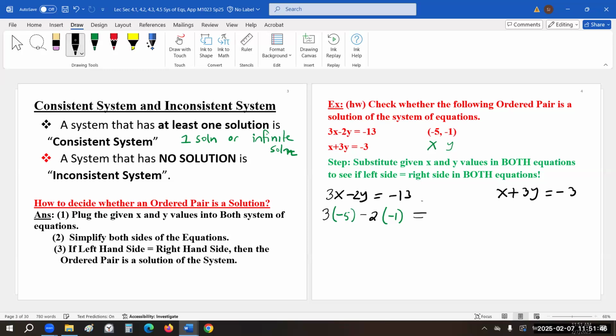Is that thing negative 13? We want to see how much we get from 3 times negative 5 minus 2 times negative 1. And we are going to do the same thing here. When x is negative 5 and y is negative 1, we want to see, does it give us negative 3?